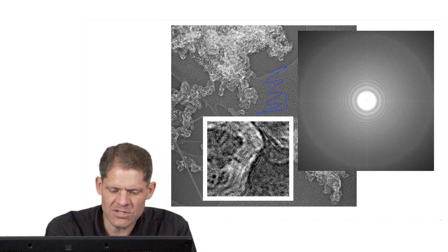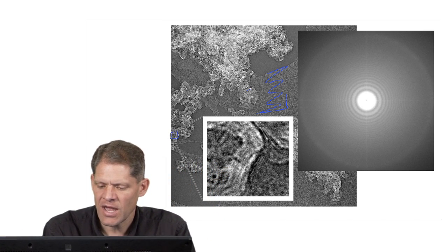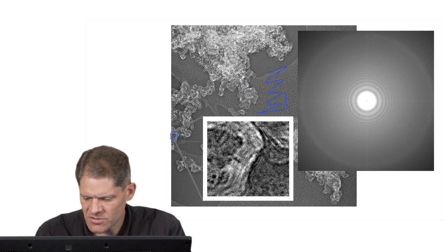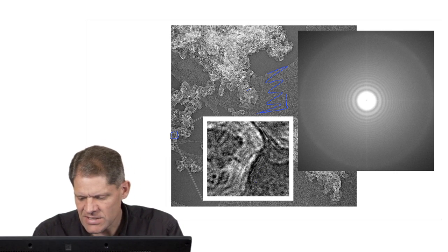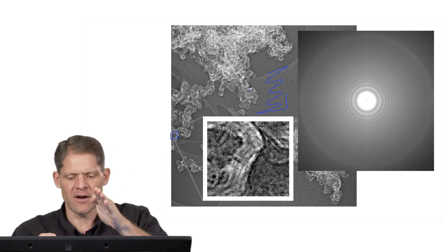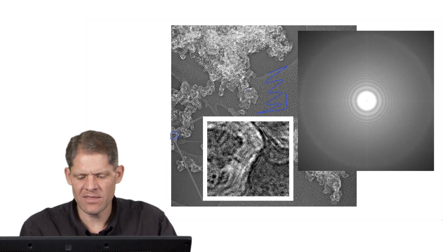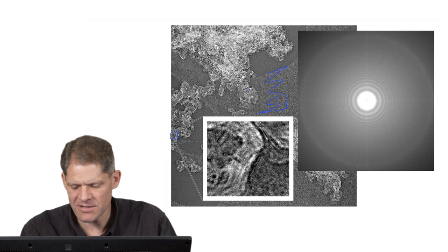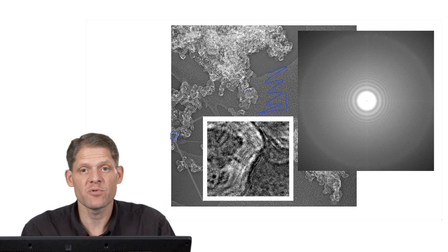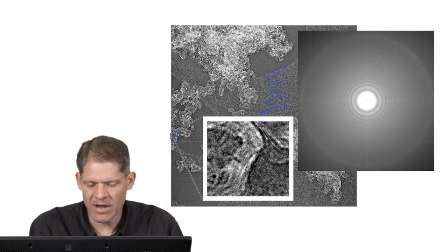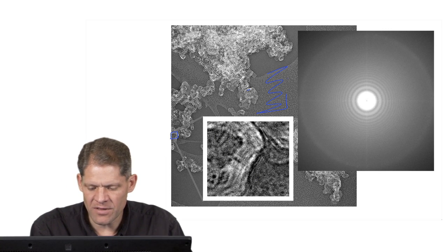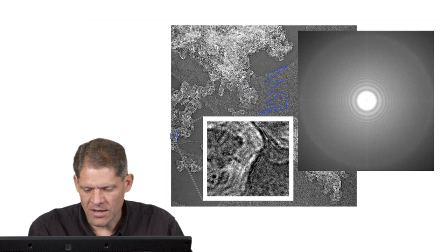And so if we take just a little piece of this image and we blow it up, you can now start to see, do you see the lines here? Each of those lines is a single graphite layer. And in an image like this, it's nice because these lines, which are approximately 3 angstroms apart, some of them appear in this direction, but in other places where the graphite is bent, they'll appear in this direction, and in other cases they'll appear in this direction.